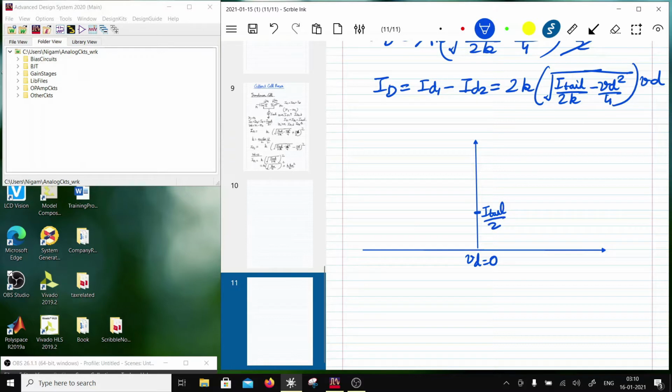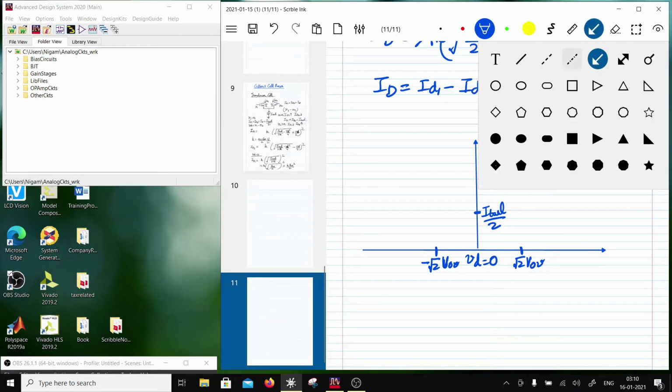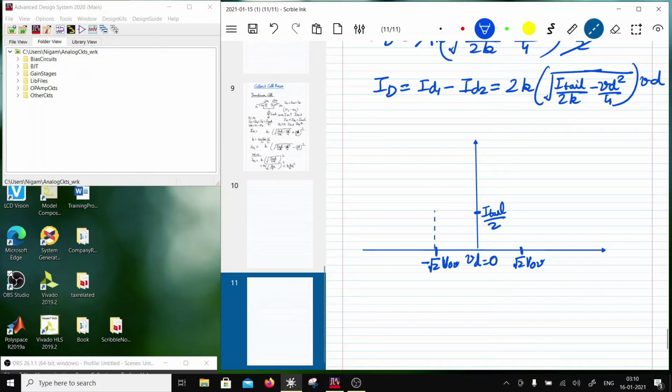Now, if I assume a point here which is minus root 2 times of V overdrive, and over here I assume plus root 2 times of V overdrive, let's find out its value. Just one second. At this point I want to plot the currents Id1 and Id2.